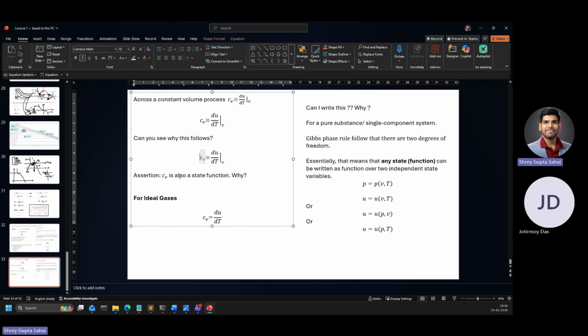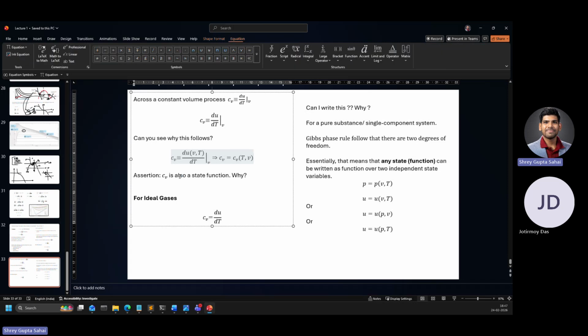See, u is a function of T comma v, so the slope will also be a function of T comma v. So that is why this follows. So CV, CP, and all those things are state functions. We should remember that these are state functions.